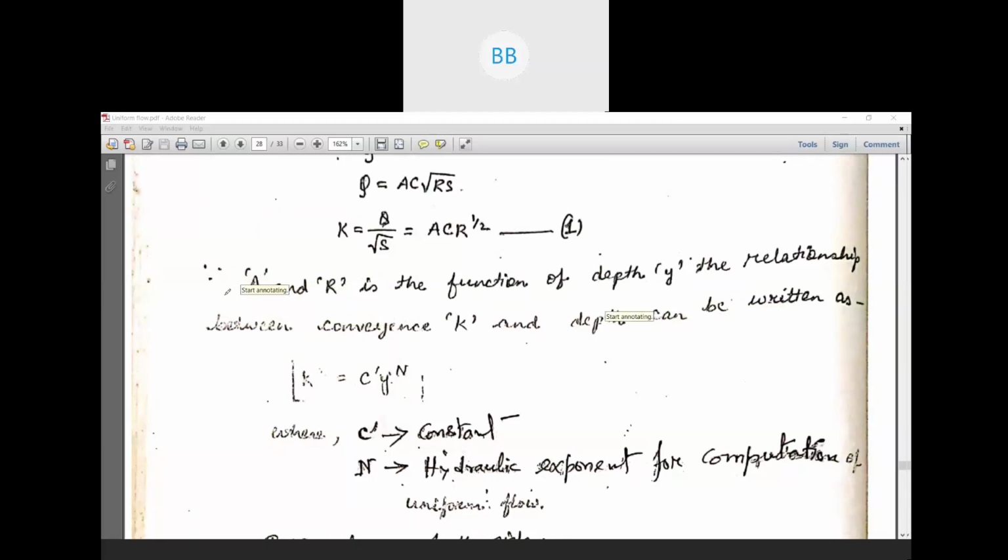If y varies, your area also changes. Here y is nothing but your depth of flow. If your depth of flow changes, your hydraulic radius as well as your area will change, so it's always a function of y. The relationship between K and depth can be written as follows.